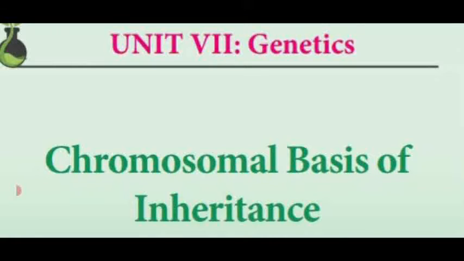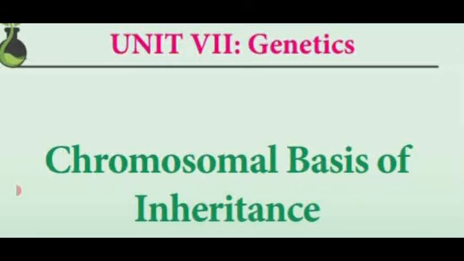In this video, we are going to continue Unit 7, Genetics, Chapter 3, Chromosomal Basis of Inheritance. Dear students, in the previous video class, we have seen what the chromosomal theory of inheritance is, how the genes are Mendelian factors which carry the genetic material from parents to the next generation, and the historical development of the chromosomal theory of inheritance.